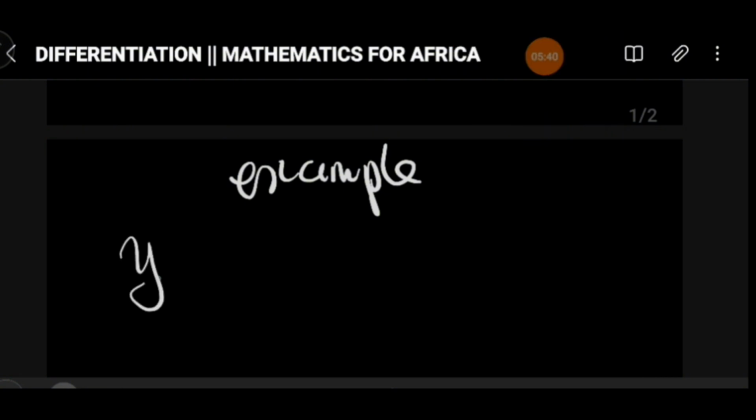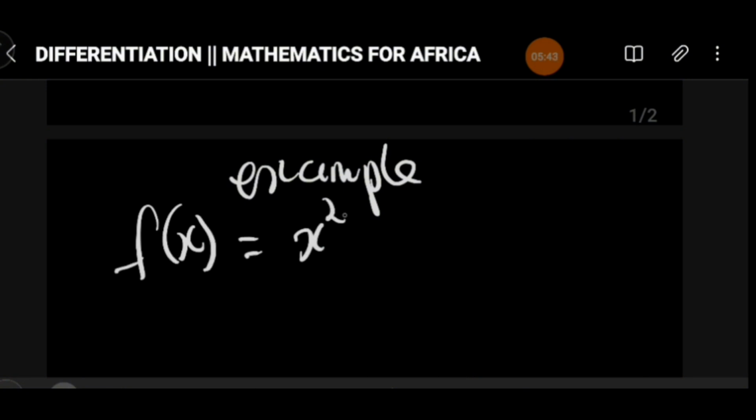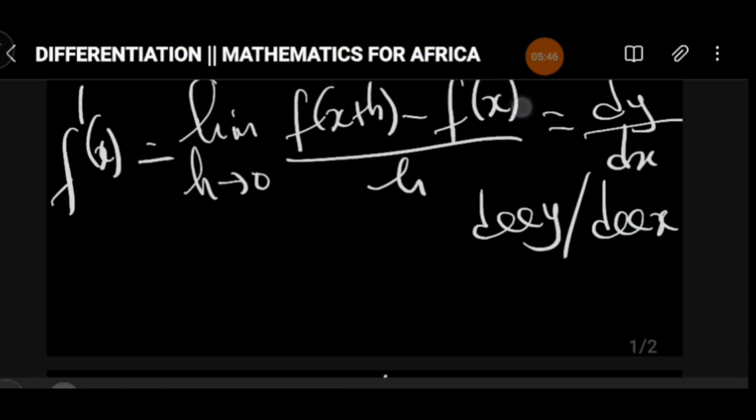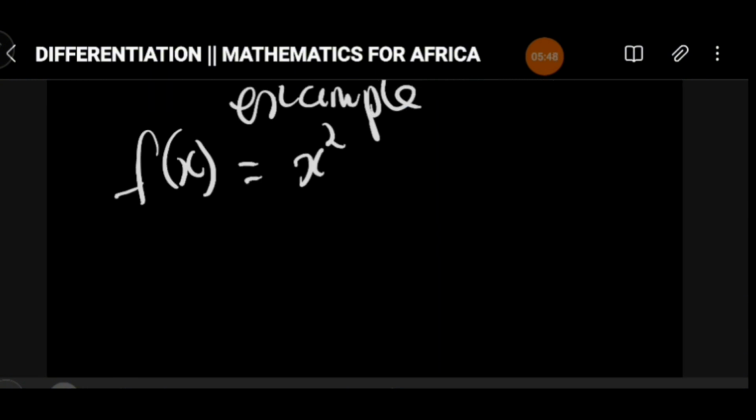We are having f of x equals x squared, and to find the derivative we'll simply use f of x equals x squared.